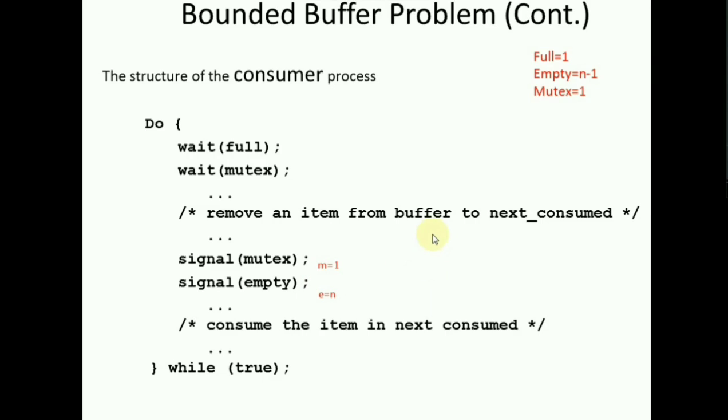So once the consumer has completed consuming, it signals mutex, indicating any other process or the producer process interested in using the buffer may use it. After it has consumed the one item that was produced by the producer, it signals the producer that n buffers are now empty.